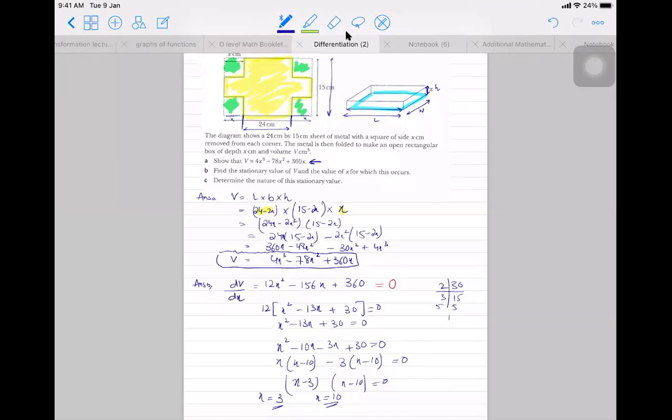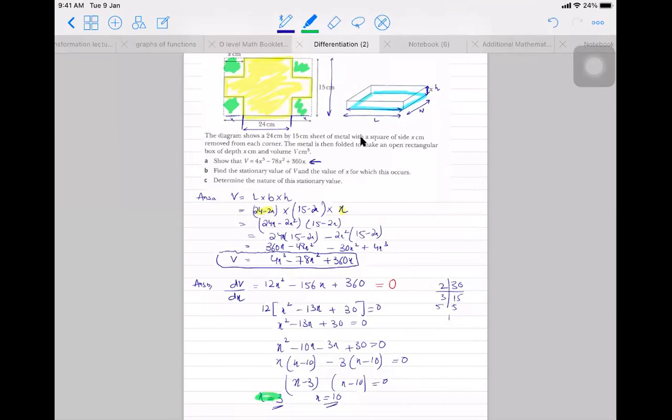But which value of x would I be picking up? I need a logical answer for this. So will it be 3? Why 3 and why not 10?